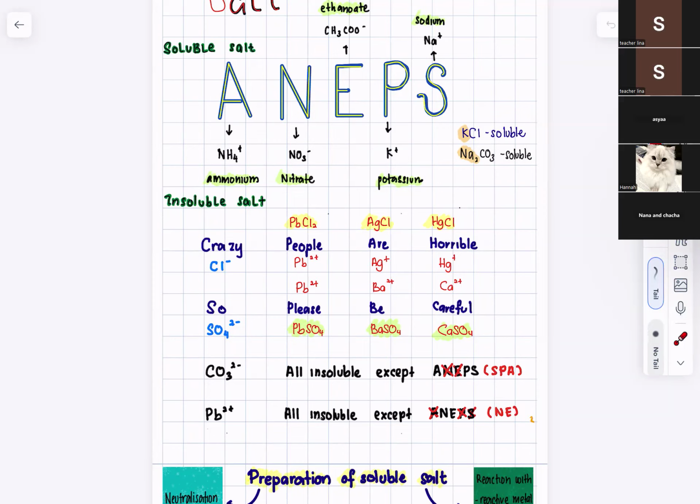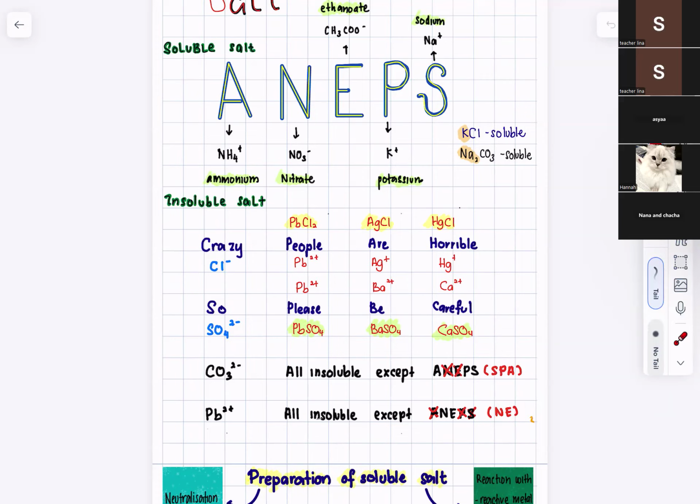Again. Magnesium chloride. Soluble. Okay. Zinc sulfate. Insoluble. Zinc sulfate. Oh, soluble. Okay, focus, Chacha.